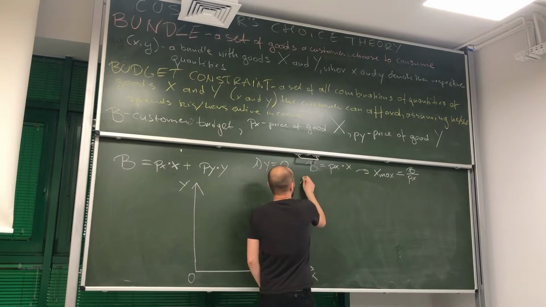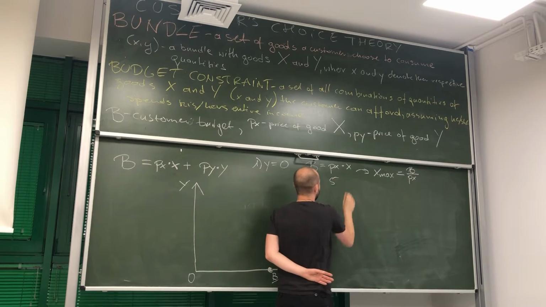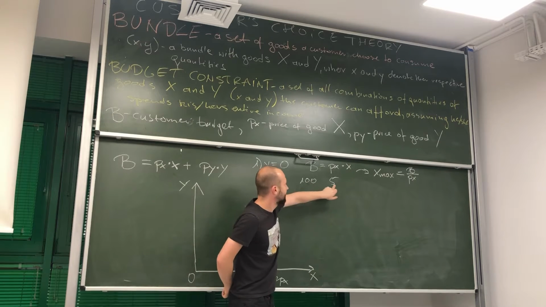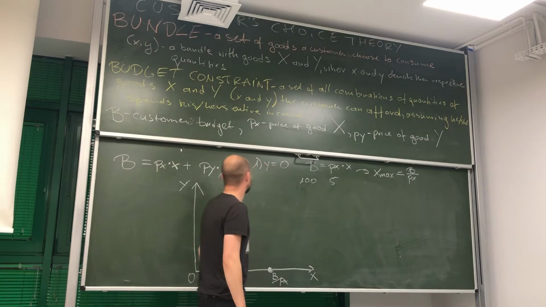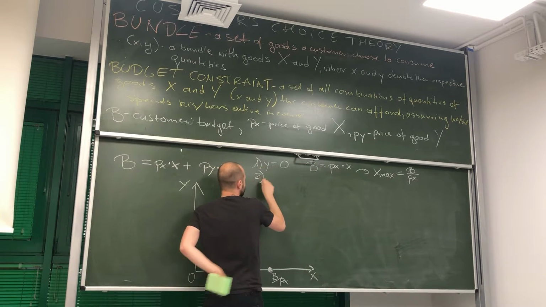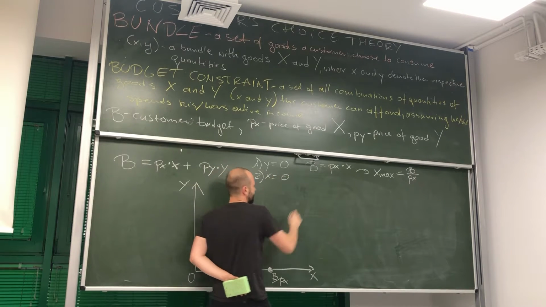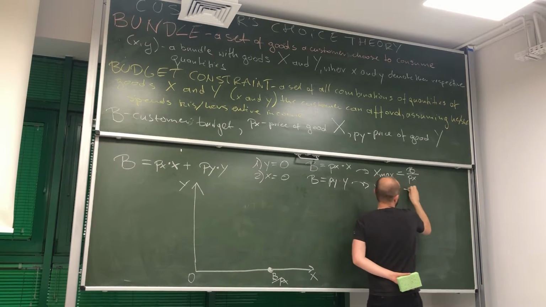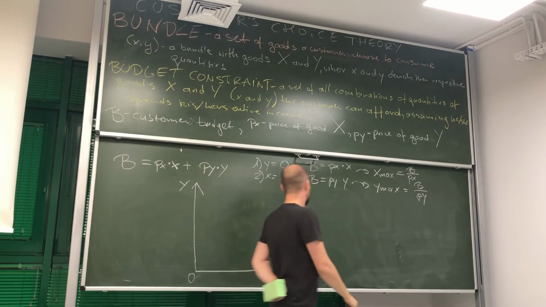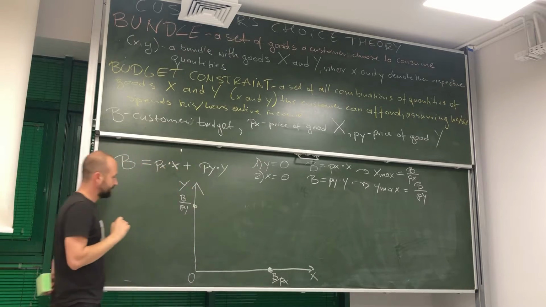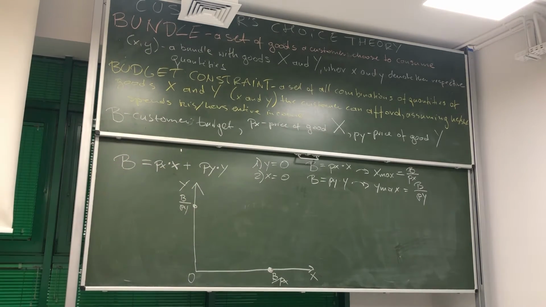If we have $100 and one unit of good X costs $5, it means that with this kind of money, at most, we can buy 100 divided by 5, 20 units of good X. And by the same token, we can go to the situation where we do not buy any units of good X, when the budget constraint turns into PY times y, and we can calculate that y max is simply B over PY.